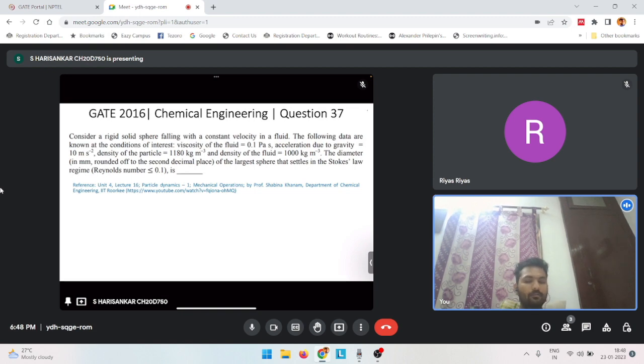This is a question from the terminal settling velocity part in mechanical operations, and the NPTEL lecture can be found in Unit 4, Lecture 16, Particle Dynamics 1, Mechanical Operations by Professor Shabina Khanam, Department of Chemical Engineering, IIT Roorkee. Here they have given the regime as Stokes regime, and the settling is free settling at a constant velocity.